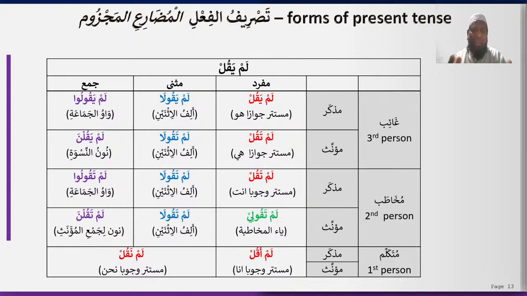Sometimes it can be a word. When it is a word, we say straight away it is maf'ulun bihi. But when after fail qala, it is a complete jumla, that complete jumla will become the maf'ulun bihi.